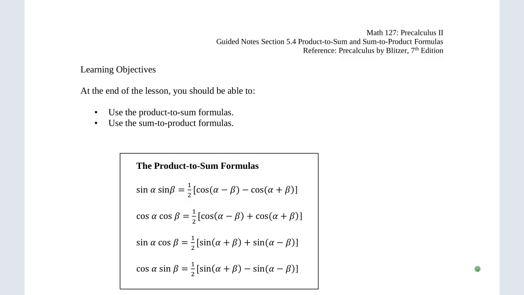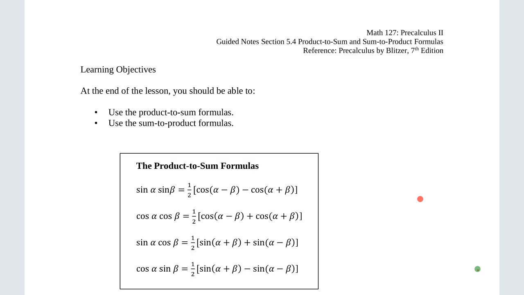For today's lesson, we will continue that same idea. This time, we are going to learn how to convert products of trigonometric functions into sums or differences, and, vice versa, how to convert sums and differences into products. At first glance, these formulas may look intimidating because there are several of them.